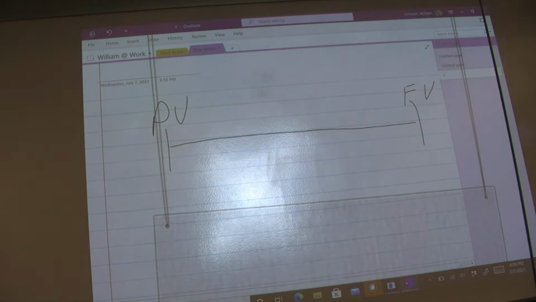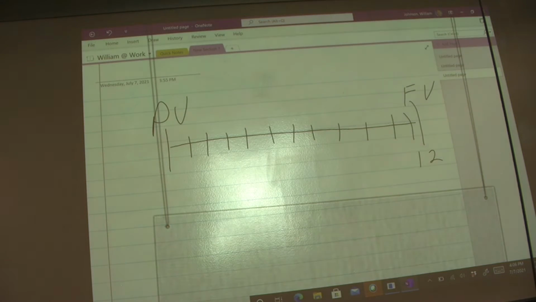Sometimes we have years, so in this case we have 12 years: 1, 2, 3, 4, 5, 6, 7, 8, 9, 10, 11, 12. So this is 12 years, and our rate is what? 12.3%.